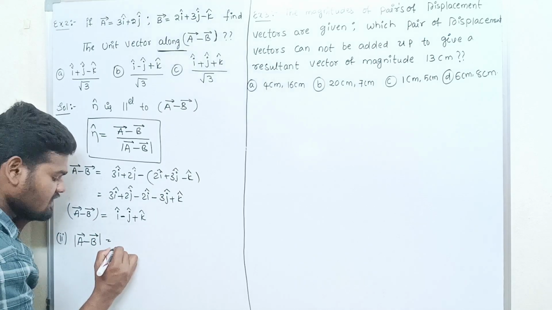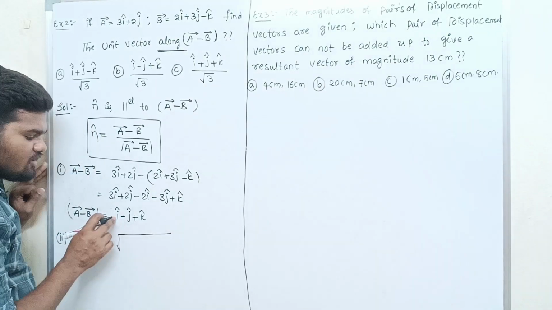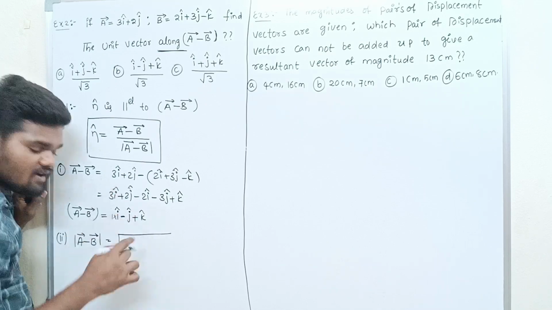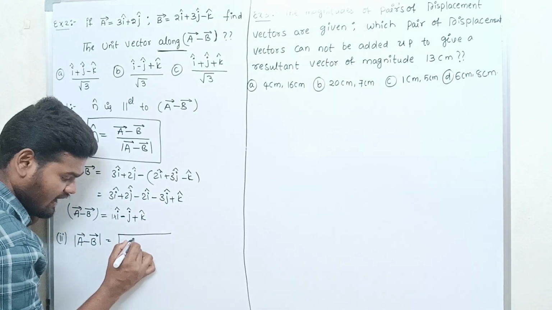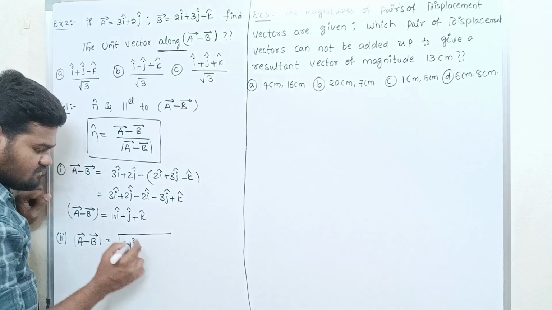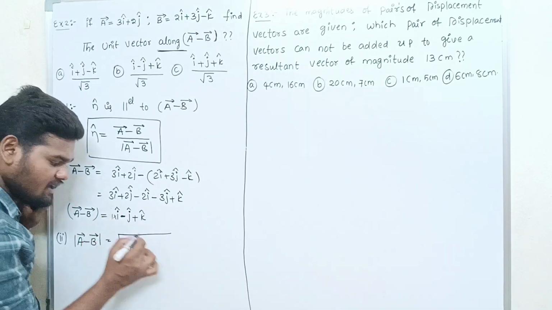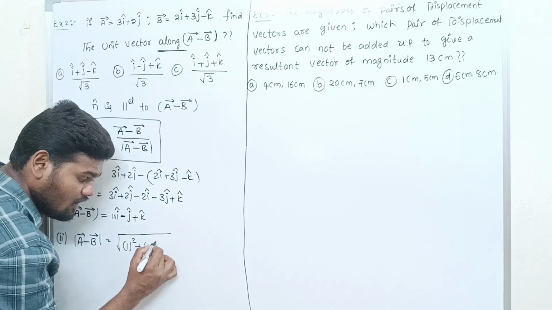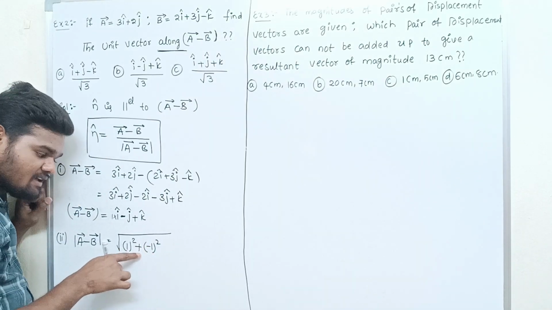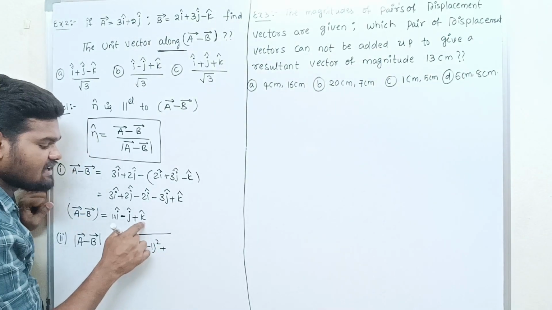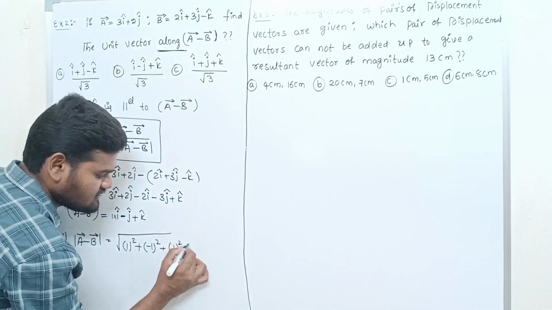Already I told you that we have to take a square of the coefficient of i cap. Here the coefficient of i cap is 1, so 1 square, plus the coefficient of j cap, which is -1, so -1 whole square, plus the coefficient of k cap, which is 1 square.